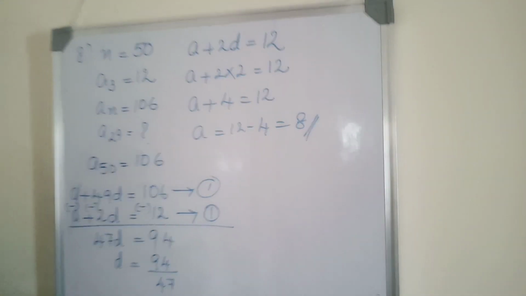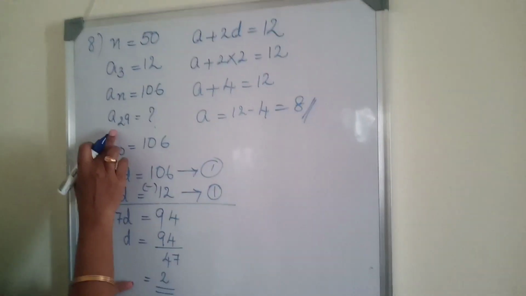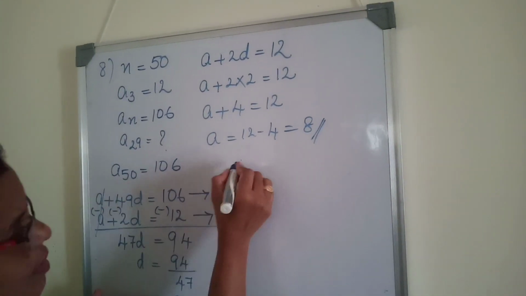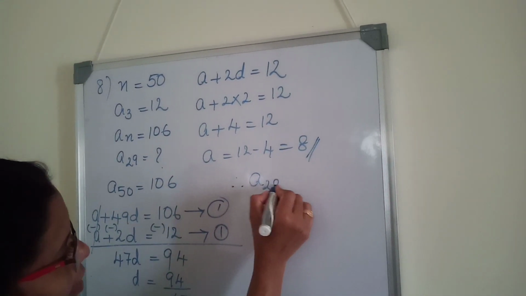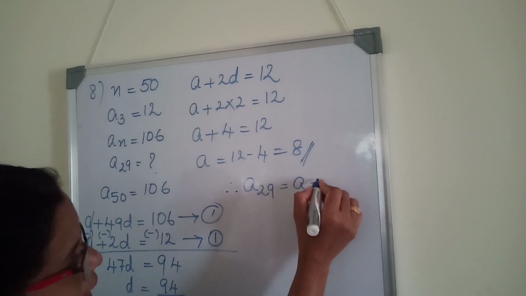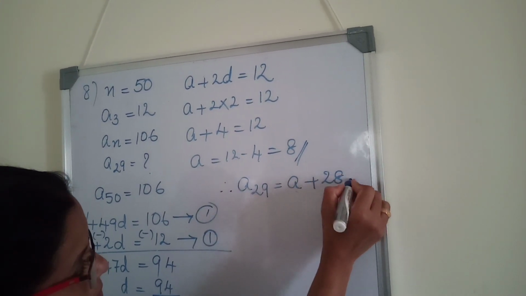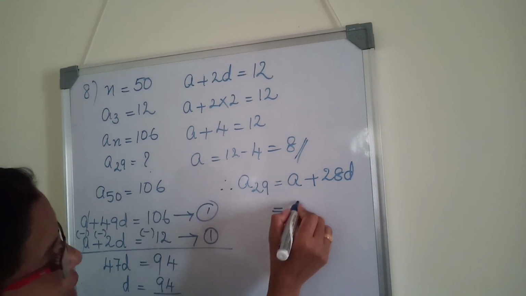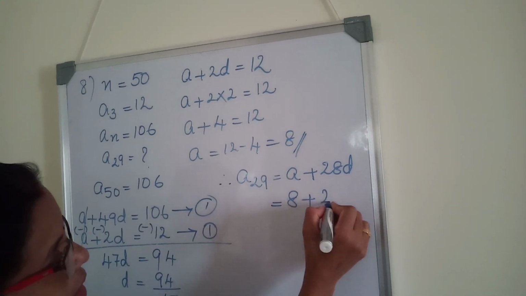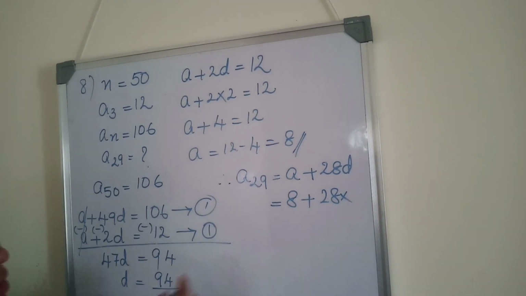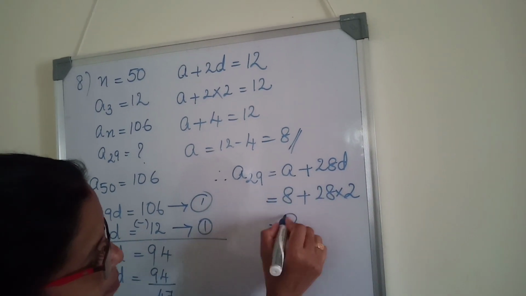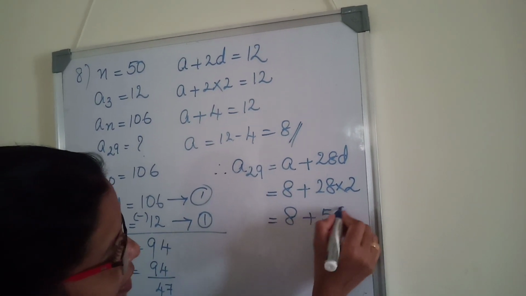A equals 12 minus 4 equals 8. So after getting the value of D and A, we can write A29. Therefore, A29 equals A plus 28D equals A is 8 plus 28 into D is 2. 28 2s are 56.